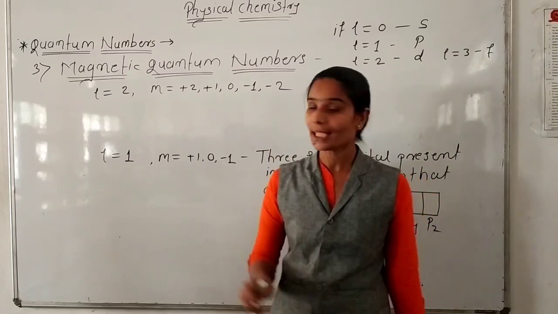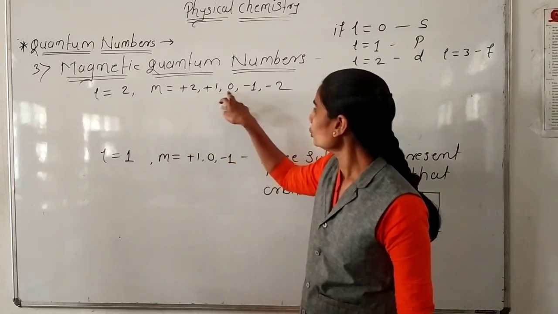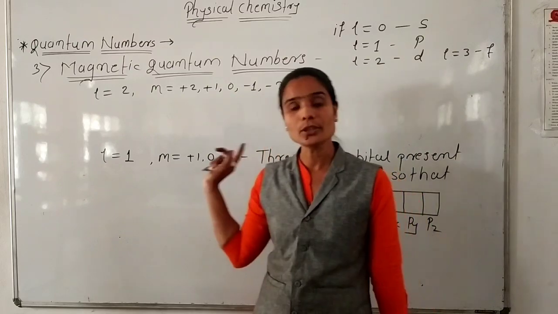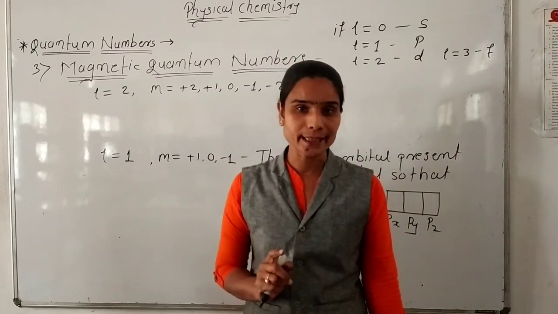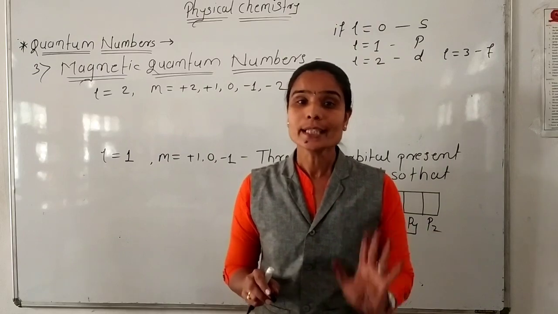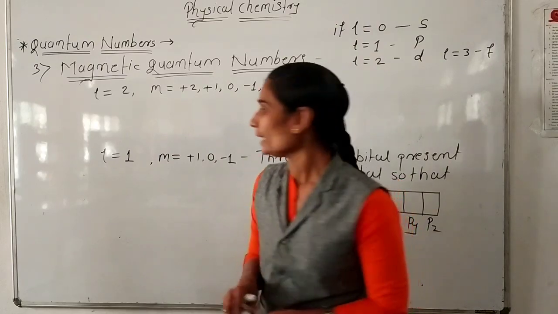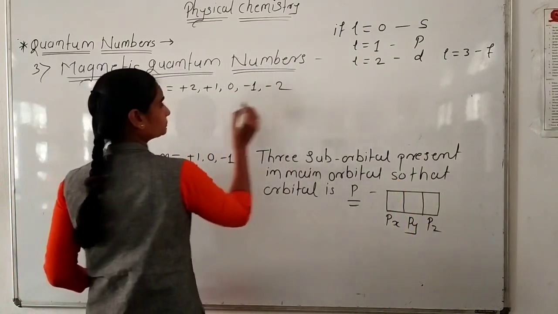How many suborbitals are there? 1, 2, 3, 4, 5. So this m value indicates that there are 5 suborbitals present in the main orbital.